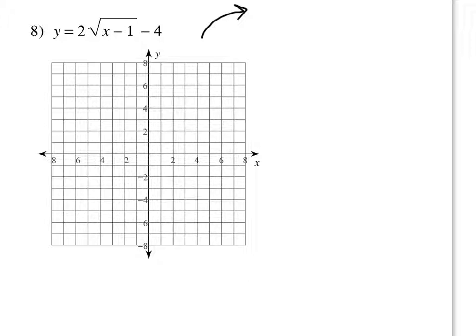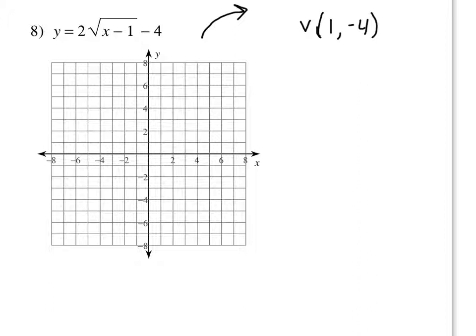Okay? Well, next we've got to talk about our shift. If you think of this as an absolute value function, where's your vertex? 1, negative 4. X is hexed, y is y's, right? Okay, well, we don't really have a vertex. We have a starting point.